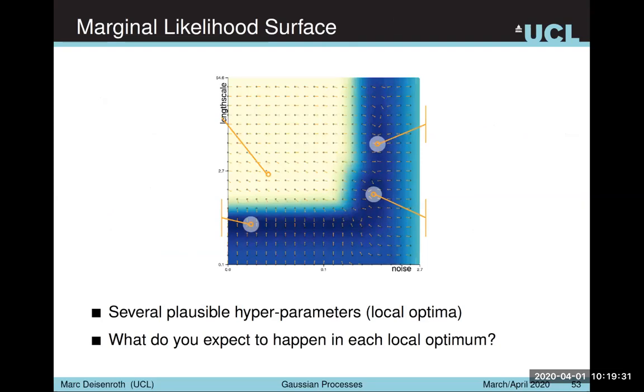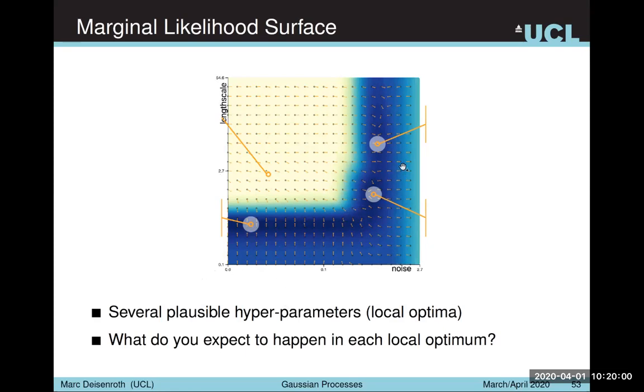So I also want to have a brief look at the marginal likelihood surface. This is the marginal likelihood surface in 2 dimensions, where we have the noise value on the horizontal axis and the length scale on the vertical axis for a given data set.